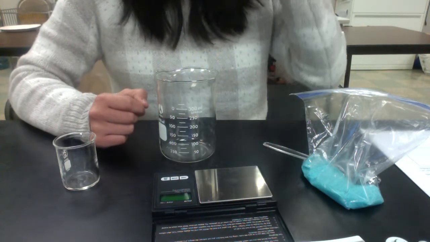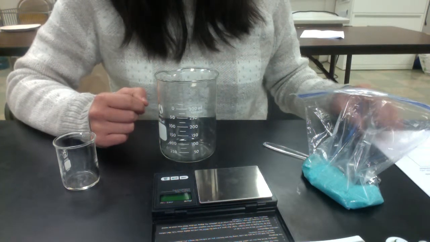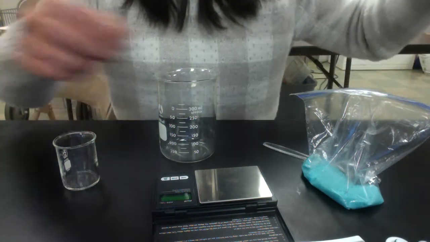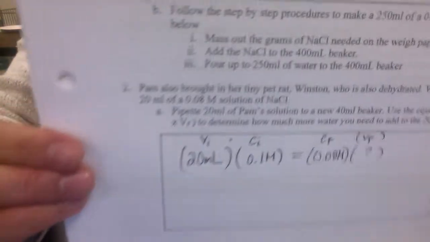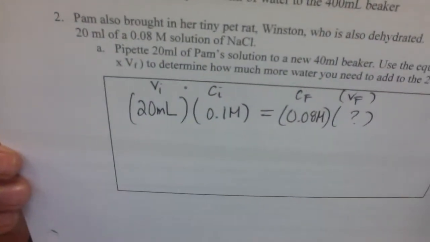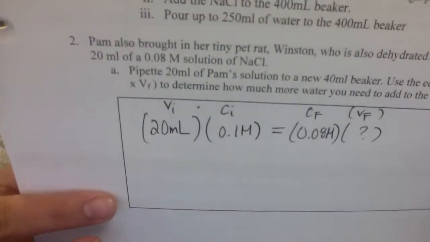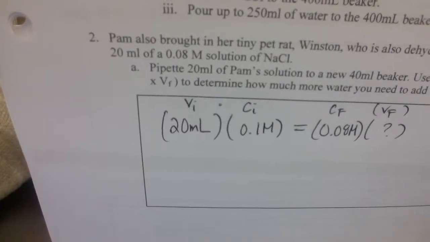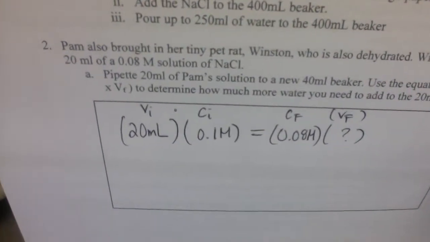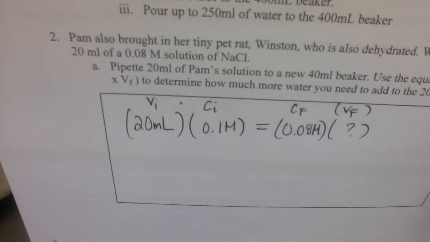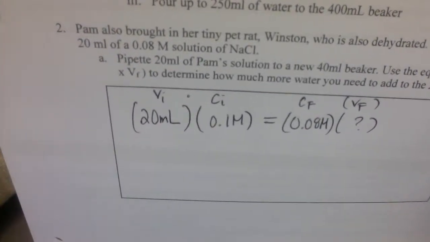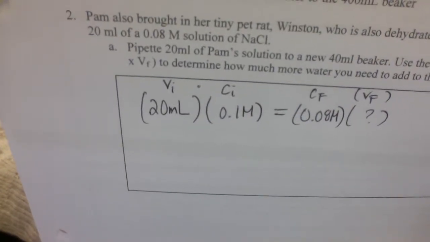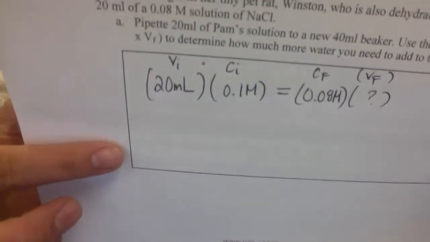For calculating Winston's solution and what his concentration should be, you need the second equation, which is listed here, and it's very similar to question number 3 of your pre-lab questions. You can pause and decipher what each part means here. Once you've done that, you can go ahead and get started on the next few steps.